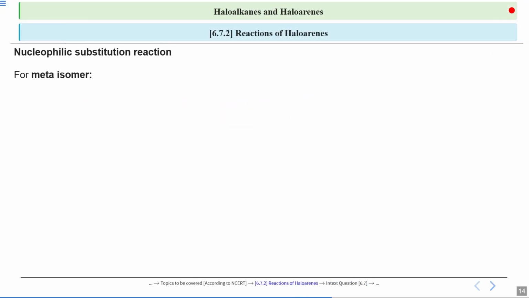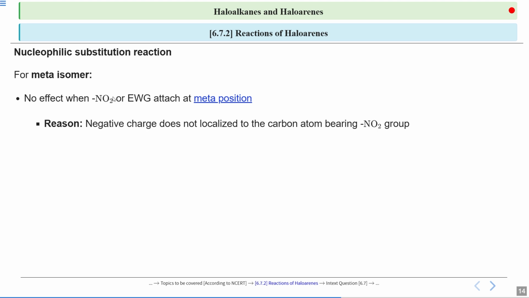Now when it is present at meta position, as I said, we will understand why we are not talking about the meta position acquired by the nitro group, right? Now let's see. So for the meta isomer where the nitro group is present on the meta position, no effect will be shown when the electron withdrawing group or nitro group is attached at the meta position. Why? What is the reason? The reason is negative charge does not localize on the carbon that is bearing the NO2 group.